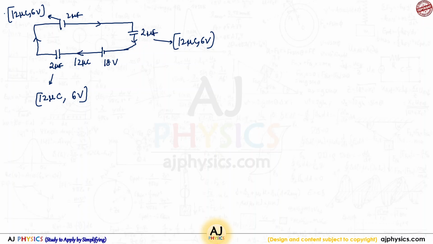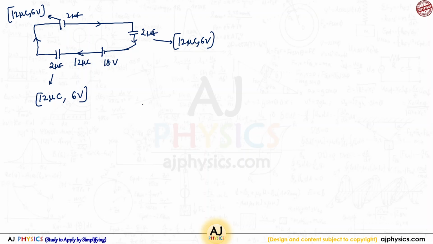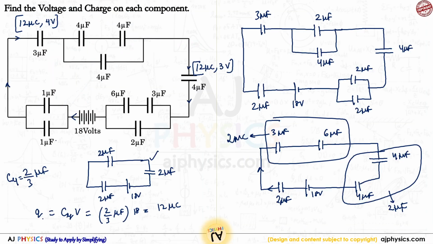What was the circuit? Let's see. The charge passed from here, then here. We just got the 2 microfarad as 6 volts each here. So this will be like having 6 volts in parallel. This has 6 volts. This will also have 6 volts.